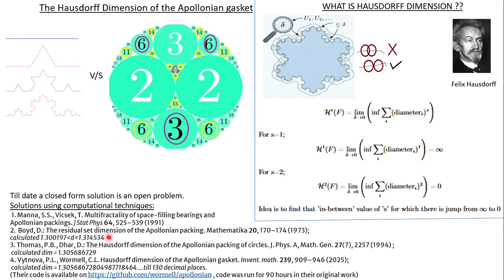There are pretty much works related to finding out the Hausdorff dimension, the very highest level, and it started from Boyd, who gave an approximation, the lower bound and upper bound, and this has been computed using numerical and computational techniques.